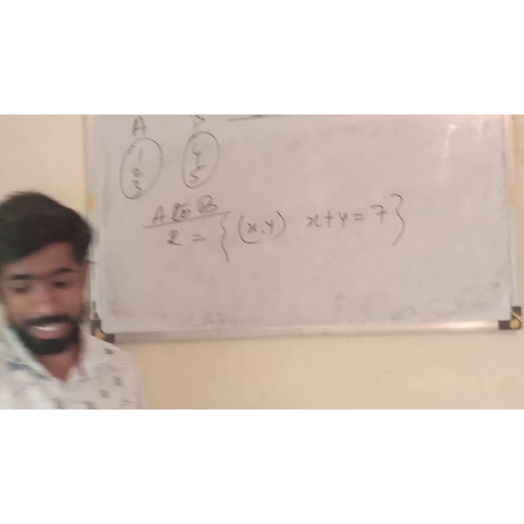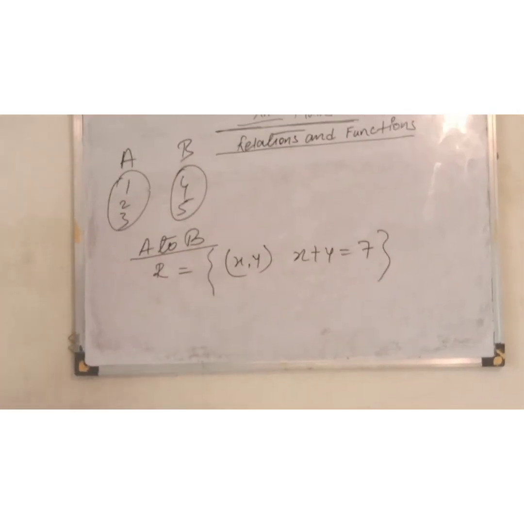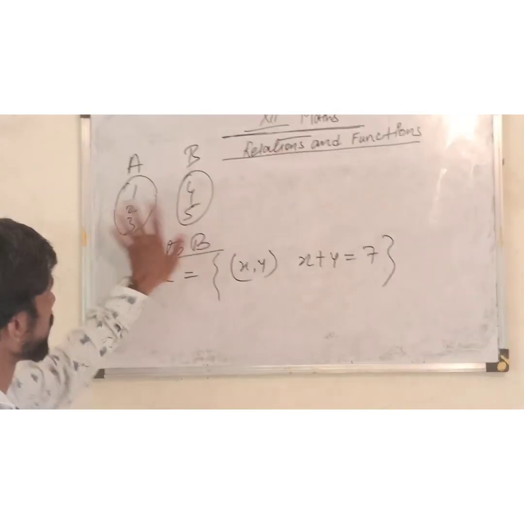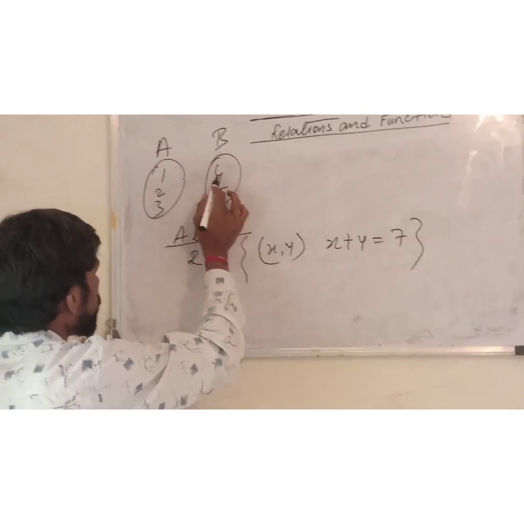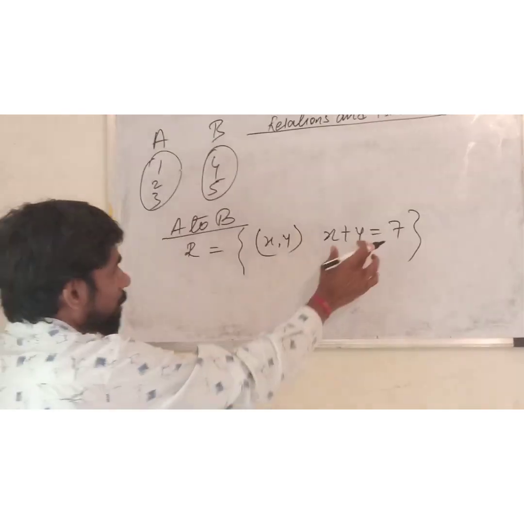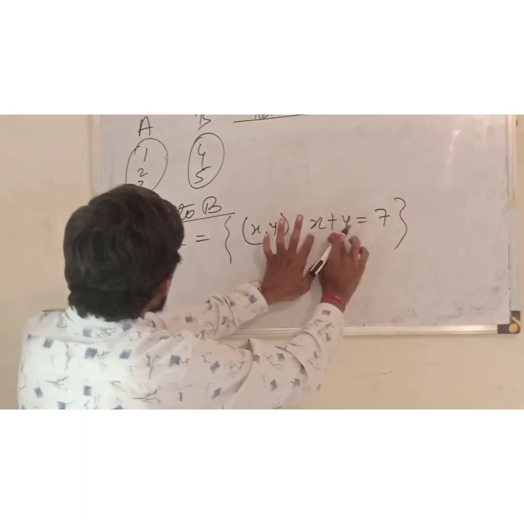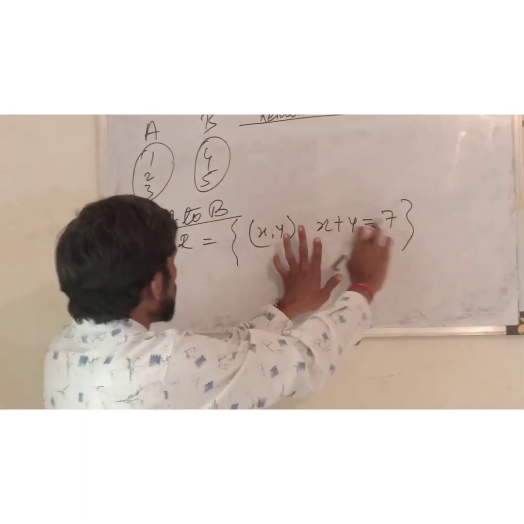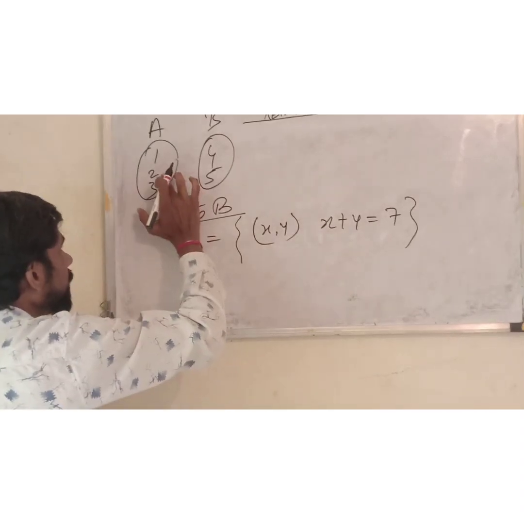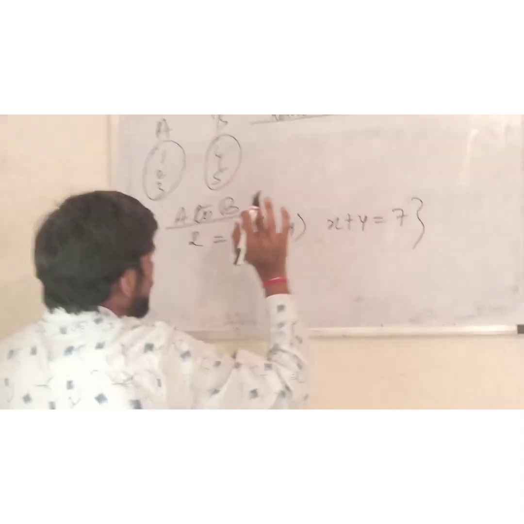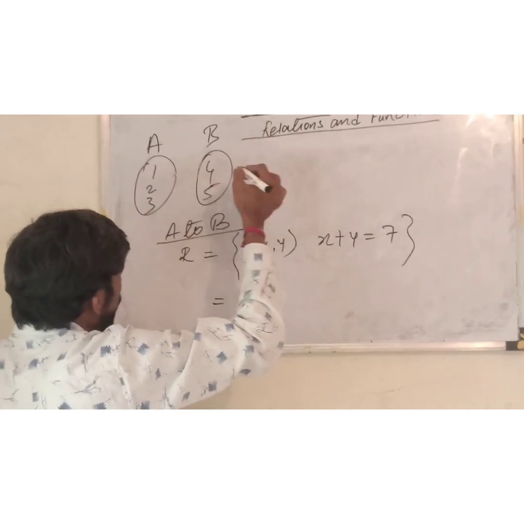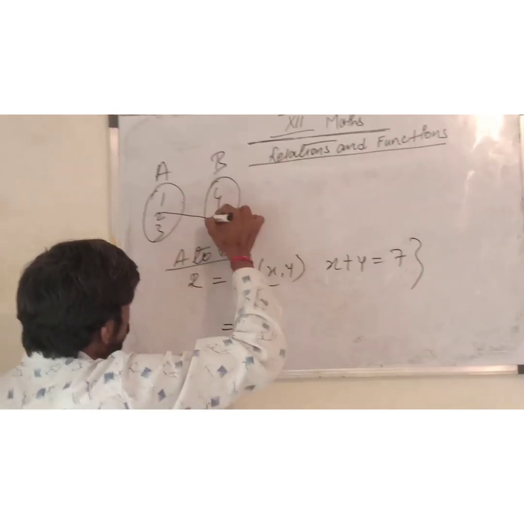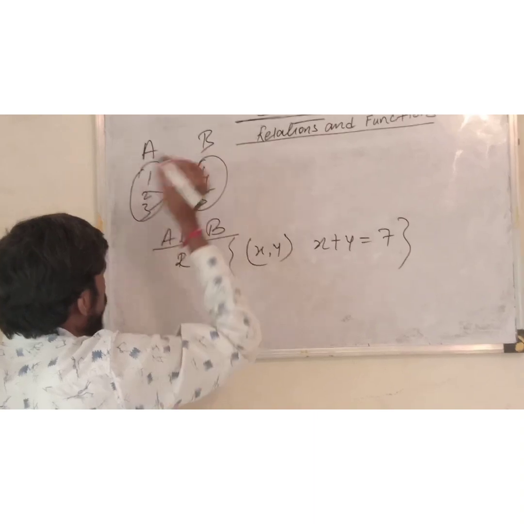This is the function they have given, so here we have to see which pairs we will get. If we take 1 comma 4, 1 plus 4 is 5, not 7. Like that, if we take 2 plus 4 we will not get 7. So here I am writing 2 comma 5 and 3 comma 4.